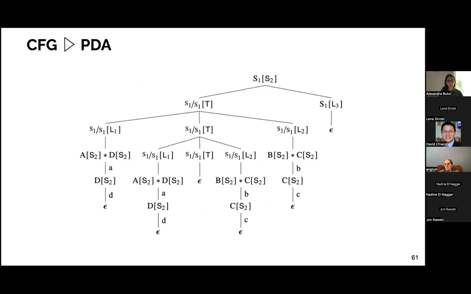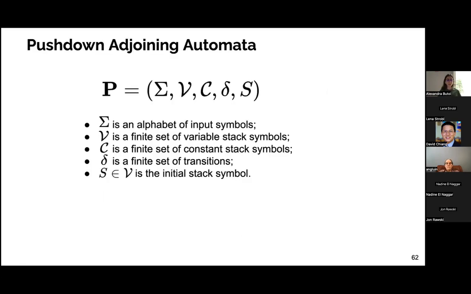So this would be a derivation tree in a CFG controlling a PDA. Sorry for the detour. So we didn't know of any formalism that had derivation trees that look exactly like CFGs controlling PDAs. So we came up with a new formalism, which we called pushdown adjoining automata.